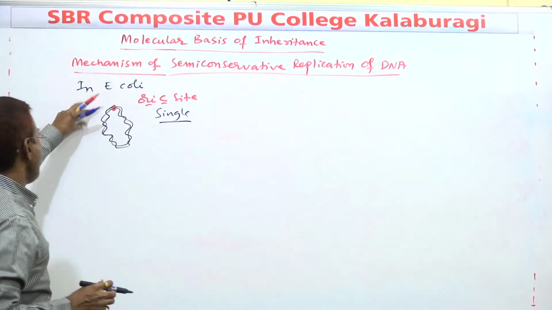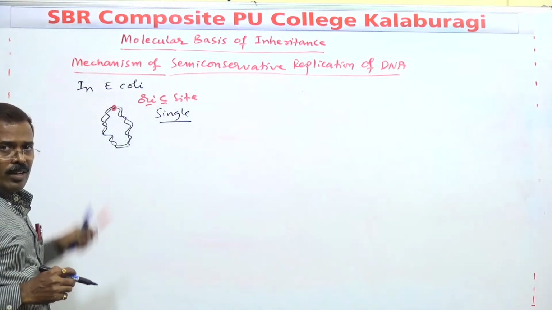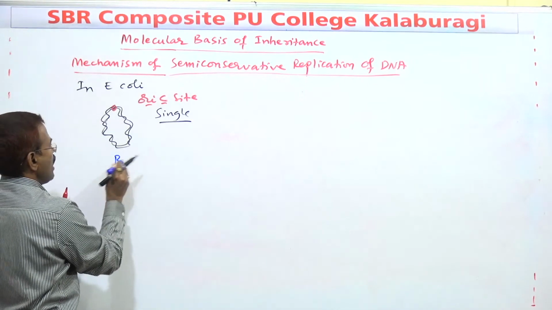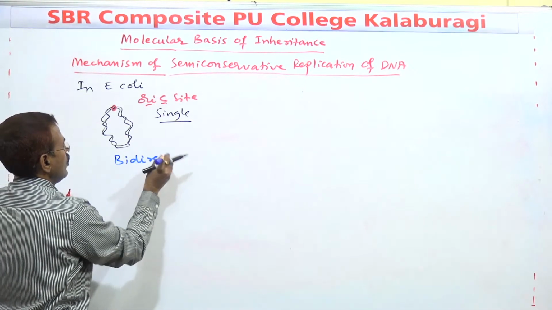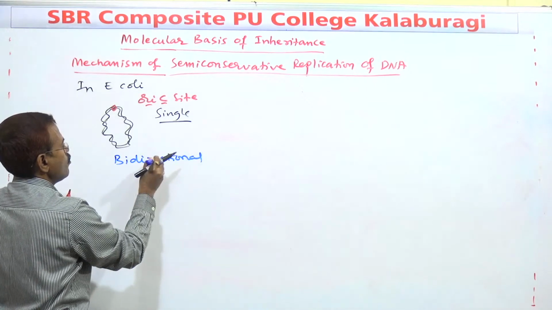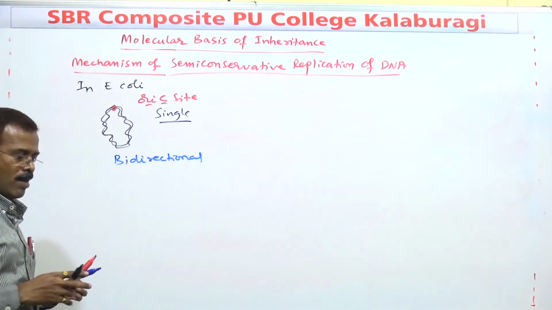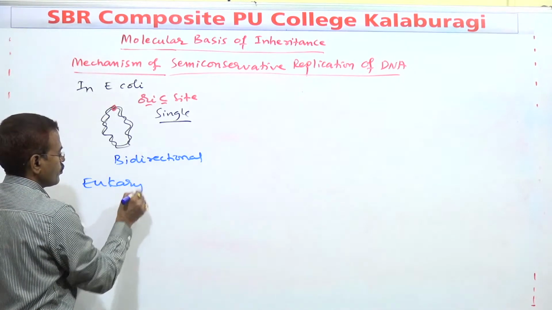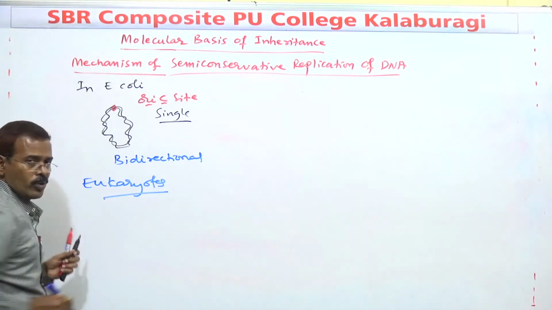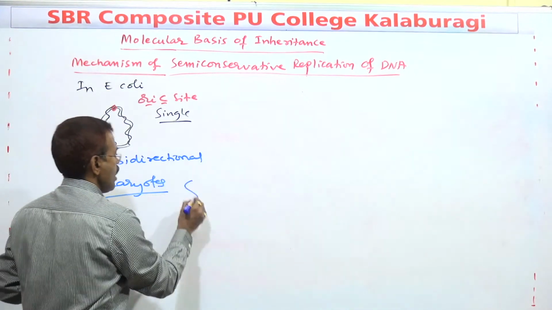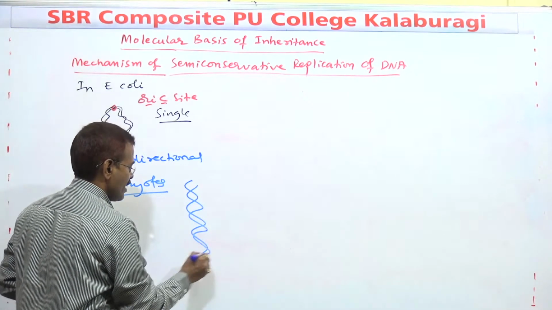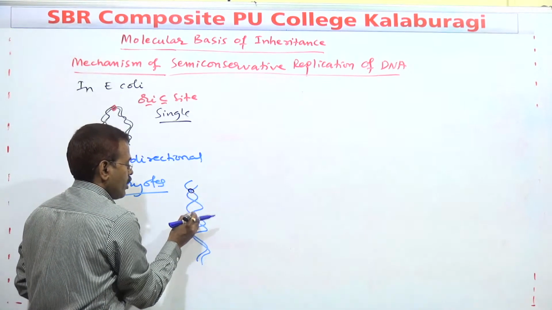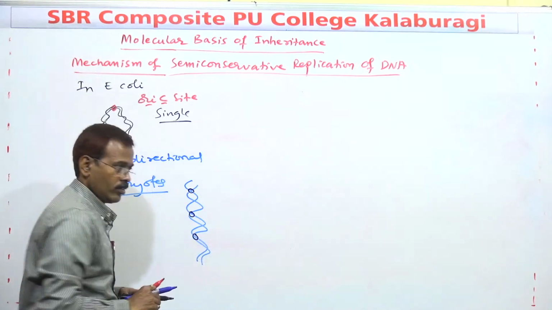So in E. coli, a single ori is there, and replication is usually bidirectional. Remember, in the case of eukaryotes, the DNA, which is basically linear DNA, can have the ori site at several sites.